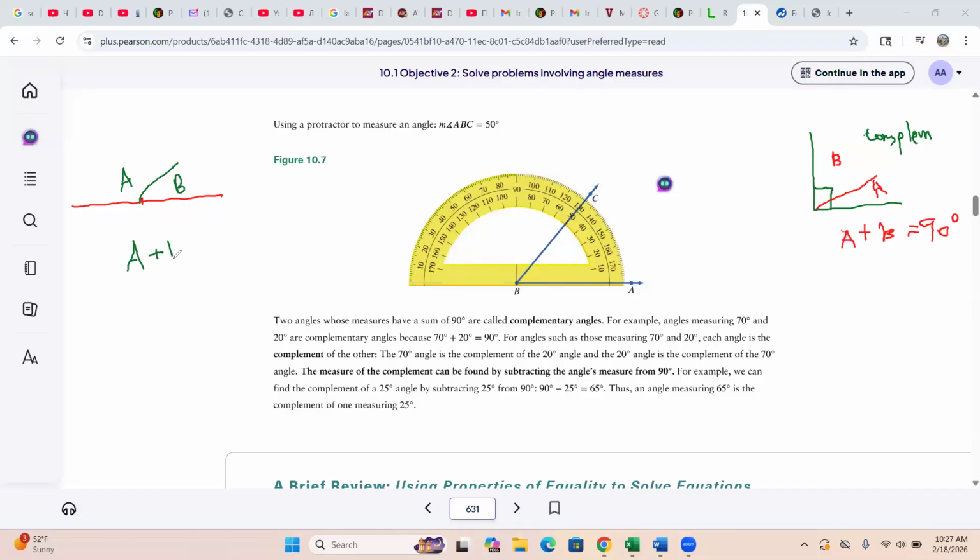Straight angle, the sum of two angles, 180, straight angle. So supplementaries, and complementaries. For complementaries, the sum is 90. No others. The good news is no others.